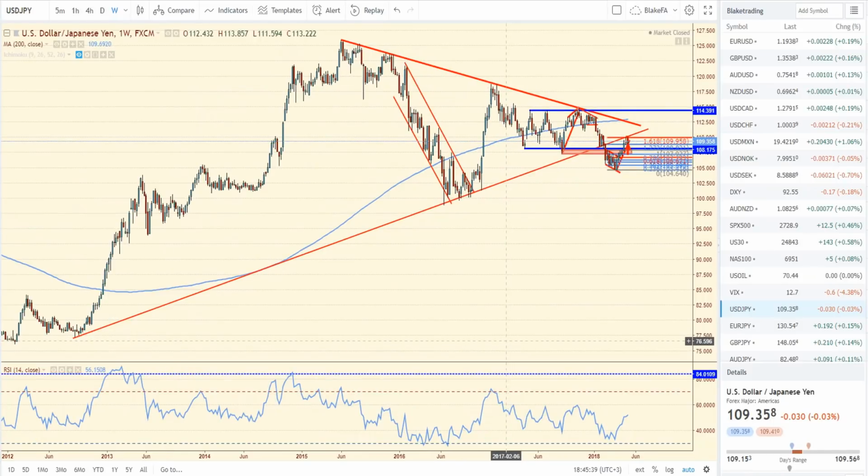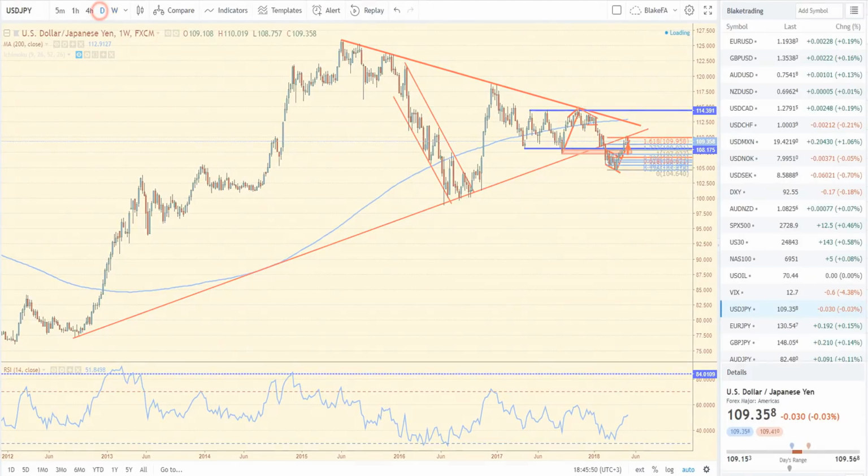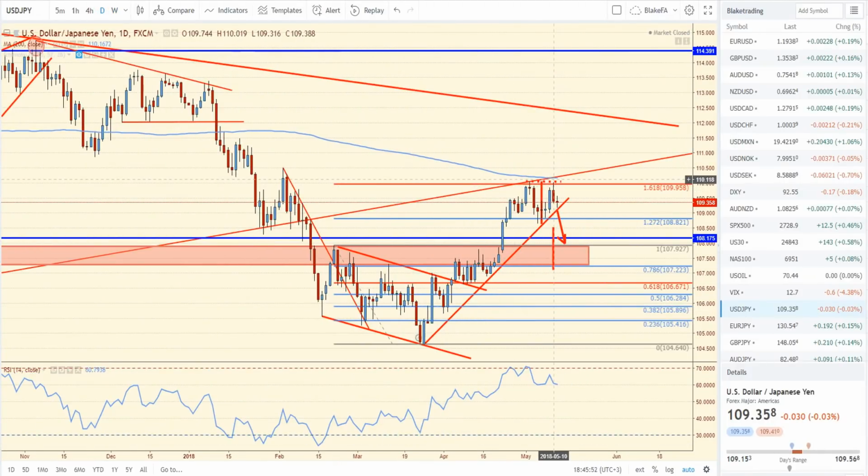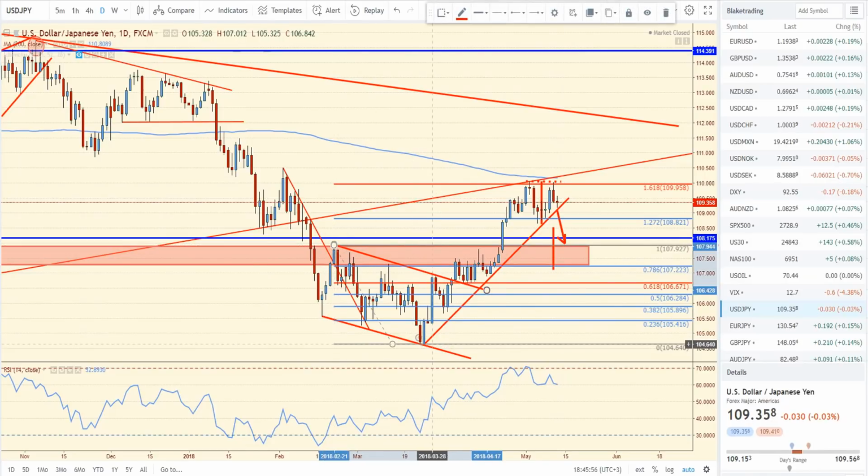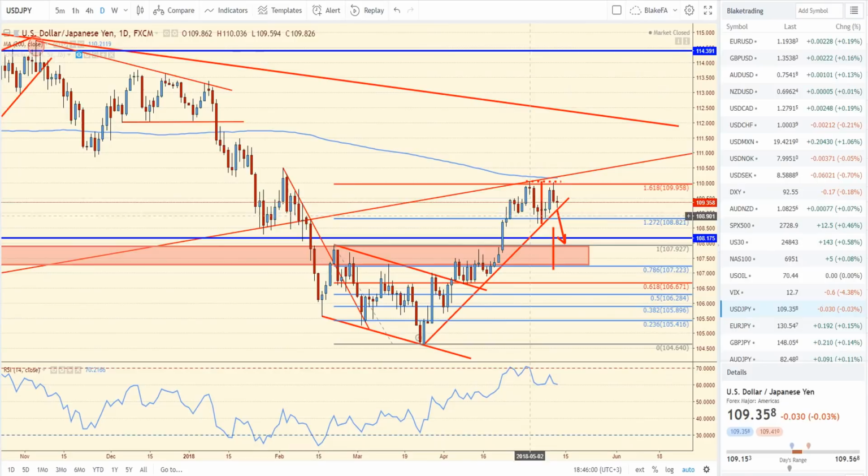But I talked about this last week. Here is the dollar yen, and the dollar yen is still rejecting this underside of this triangle, and this was a 161% extension here, of this consolidation. You can see there's the high, low, 161% extension right there, and we got a double top, and we're probing this uptrend line.